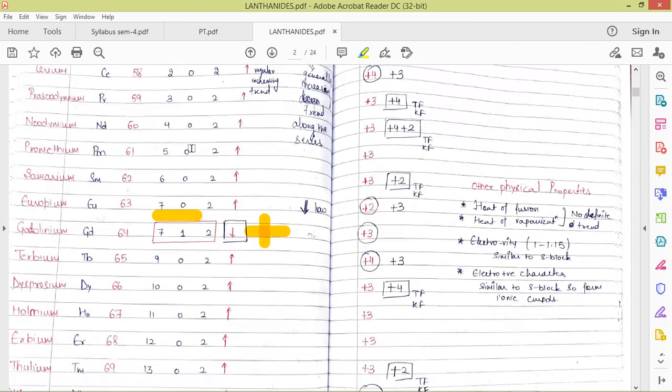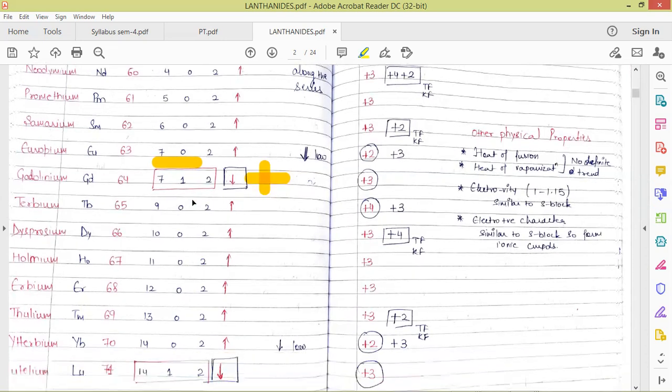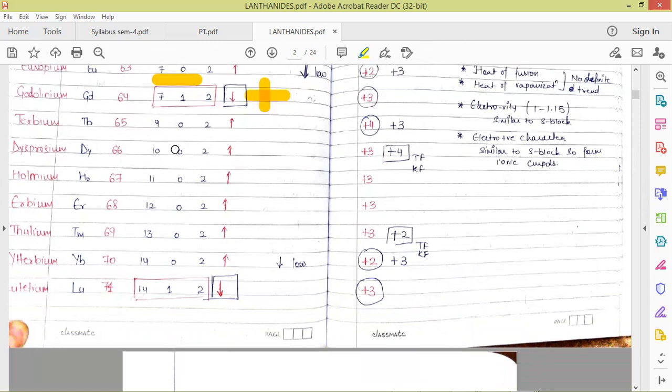But in the case of europium, we can easily say that +2 is common, because it does not want to rupture its exactly half-filled electronic configuration. So +2 is most stable for europium, and +4 is most stable for terbium, because after removing 4 electrons it will acquire exactly half-filled configuration.